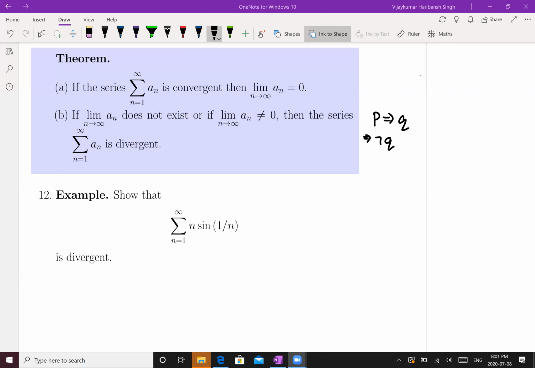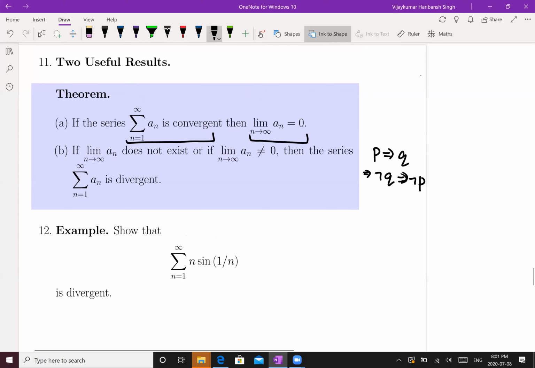So if P implies Q, then we have not Q implies not P. That means if the series an converges, then limit as n goes to infinity of an must be 0. Let's see why that is the case. So we have Sn plus 1 minus Sn.